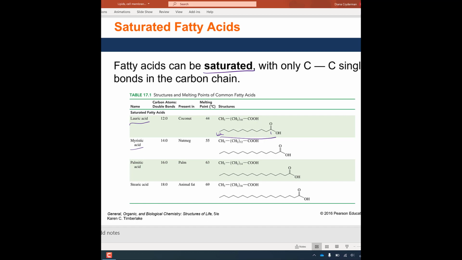Myristic acid is in nutmeg with 14 carbons. Palmitic acid is in palm oil with 16 carbons. Stearic acid is in animal fat with 18 carbons. And you can see their melting points grow higher the longer their chain is. So 44 versus 69 degrees Celsius.